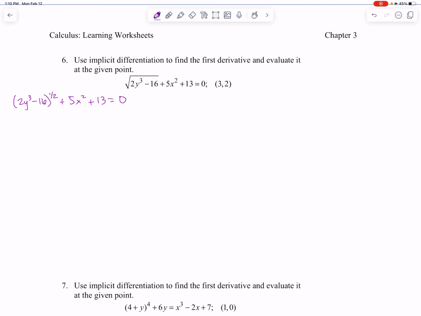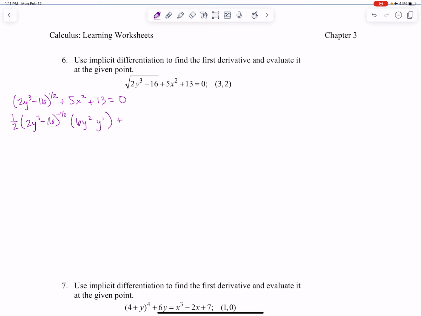Okay, now we can use the power rule. So 1/2 times 2y cubed minus 16 to the negative 1/2 times the derivative of the inside, so 6y squared, and chain rule of y prime.